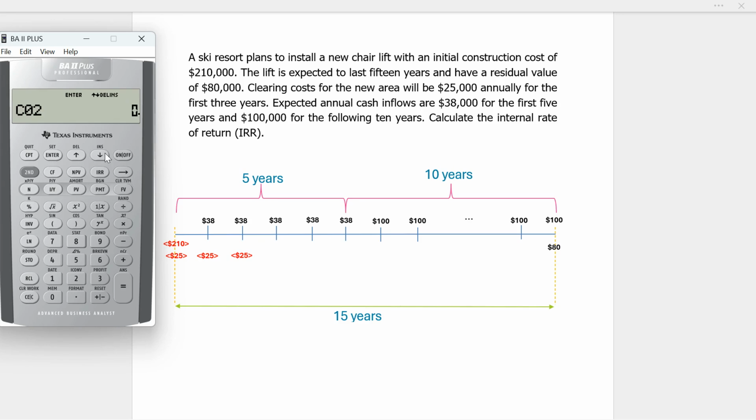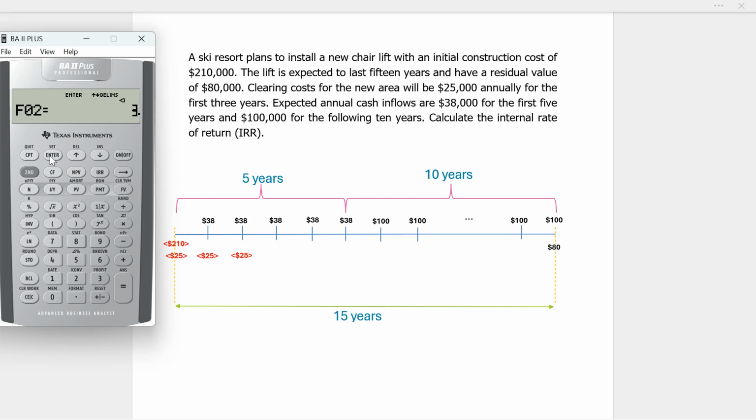Now again, I go down. After 2 years, they expect just returns of $38,000 for 3 years, or for 3 periods. So now I'm going to change C02 to 38 and then enter, and go down and change F02 to 3, because for 3 years the expected returns would be $38,000.